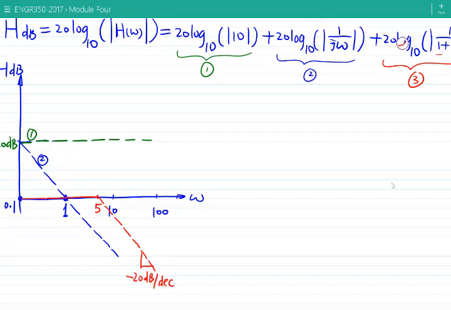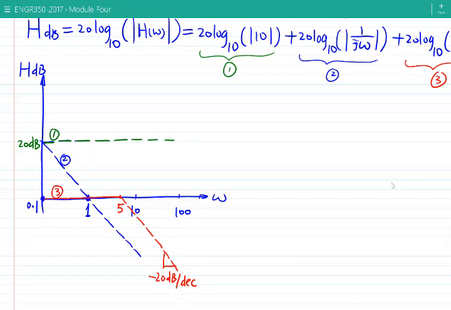Okay, so this is the Bode plot for factor number 3, a first order pole.